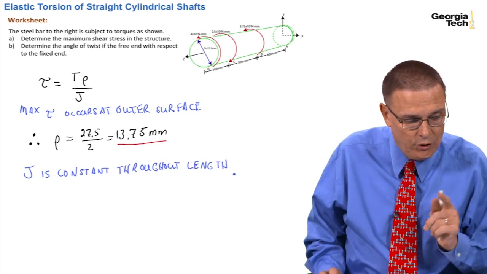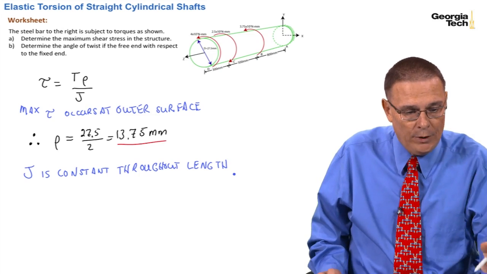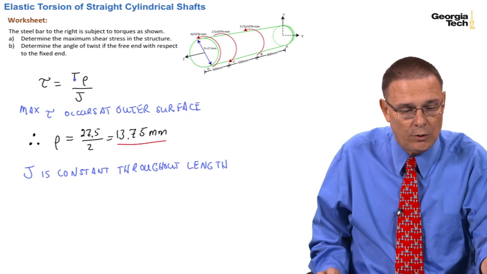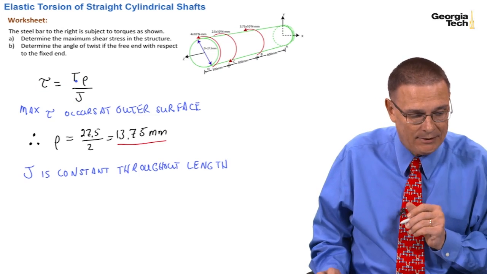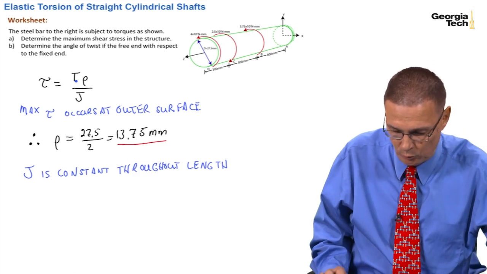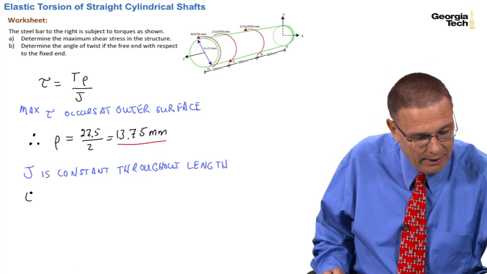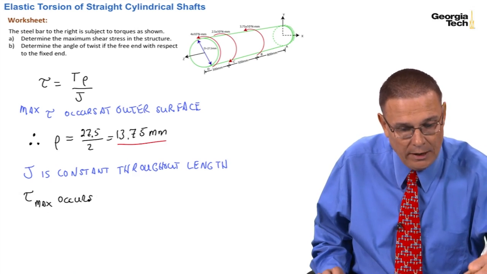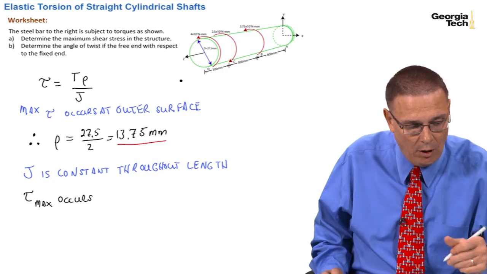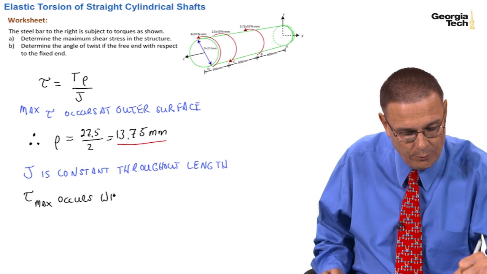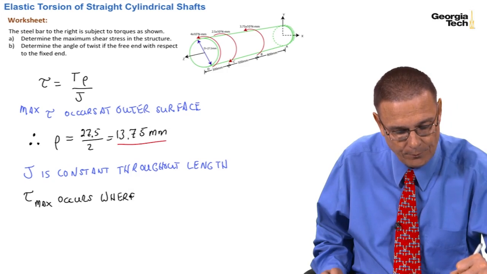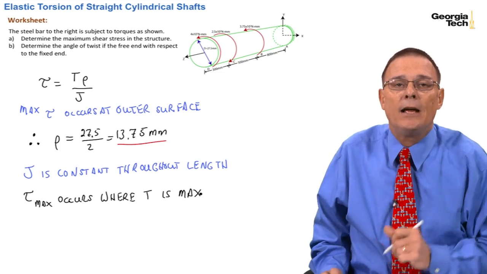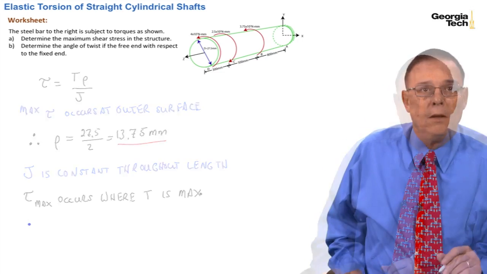And so my question to you is, we know rho now, we know J. Tau max is going to occur where T is max. And so let's write that down. Tau max occurs in our shaft somewhere along it, wherever the max T occurs, where T is max, the torque. And so how would I find out where T is max?